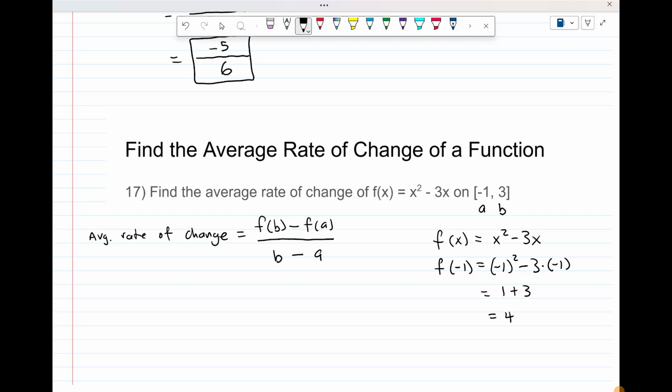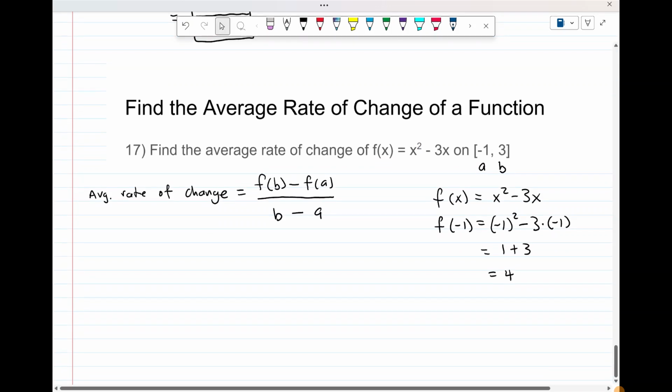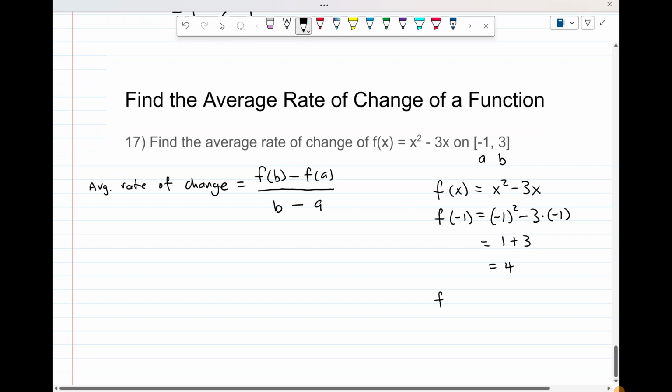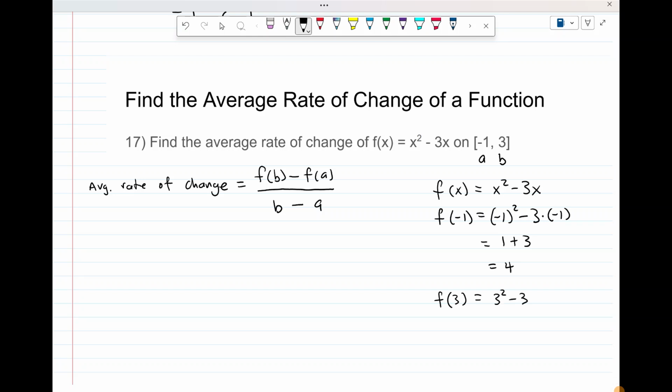So that's my f(a). Let's figure out what my f(b) is going to be. f(b) is f(3), which is 3 squared minus 3 times 3, which is 9 minus 9, which is 0.